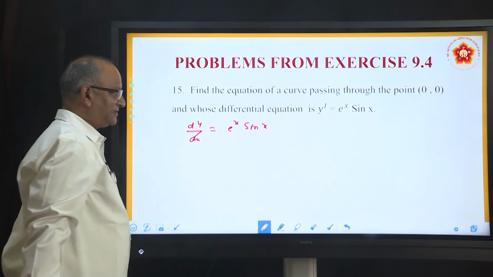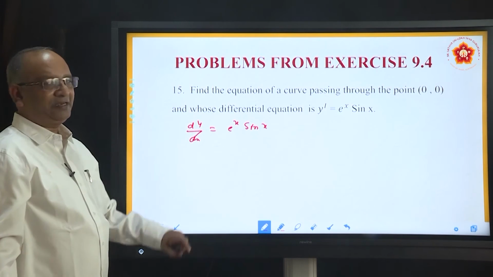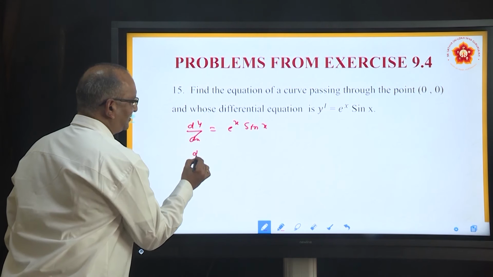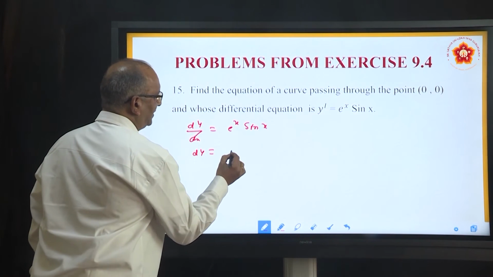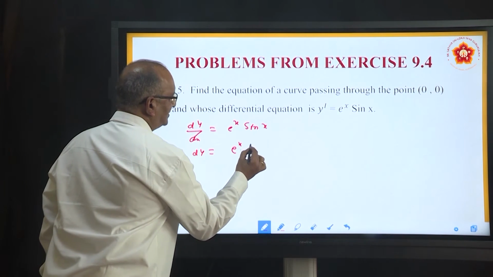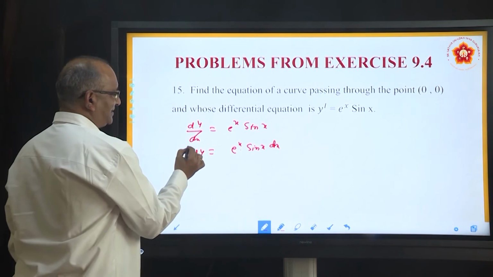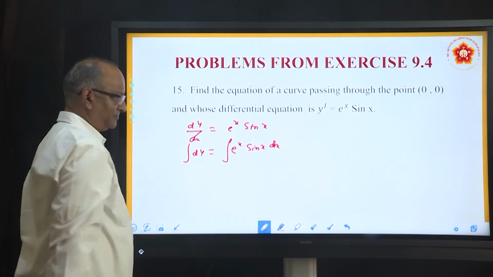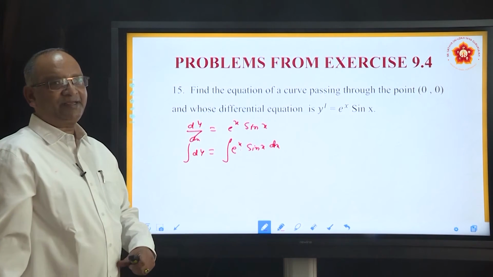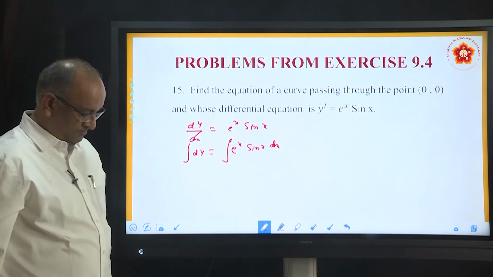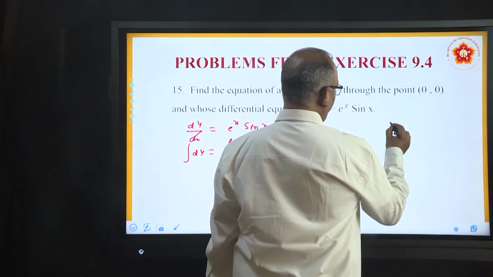What do we do? We separate the variables. You can see variables are already separate. Take dx to that side. So you get dy is equal to e to the power x sin x dx. Since they are separate, you can integrate. Now the question comes: how to integrate e to the power x into sin x. Go back to your original formula, ILATE.